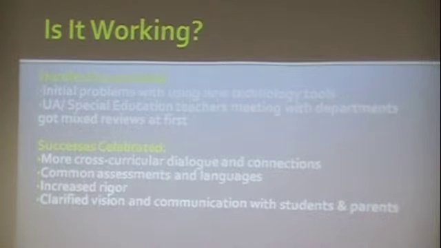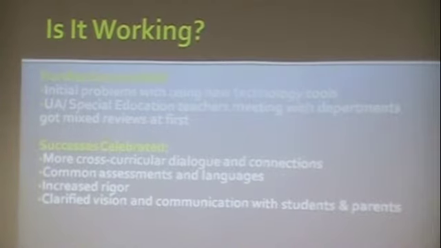So that was a bit of a hurdle at first, getting everybody to have the same language and be able to talk about the same instructional goals for our students. But I think at this point in our year, we're over that piece of it. Everybody's gotten to a comfort level, and Sam's going to tell you about some of these successes that we've celebrated.